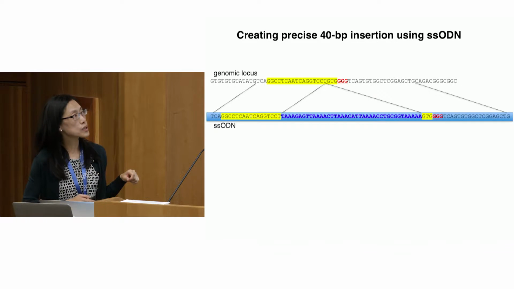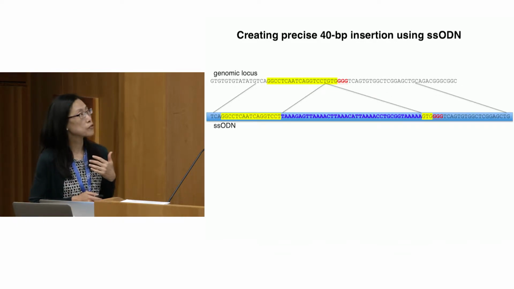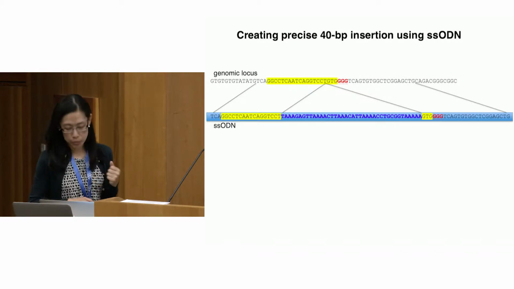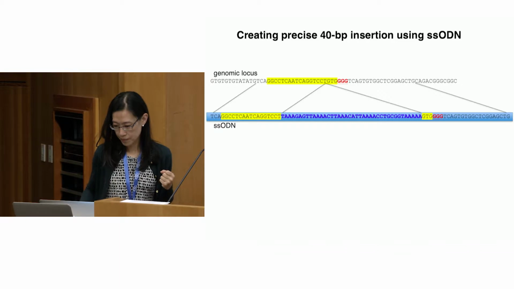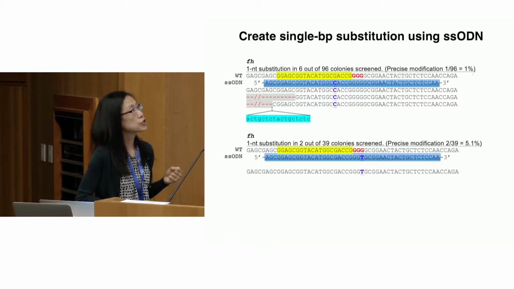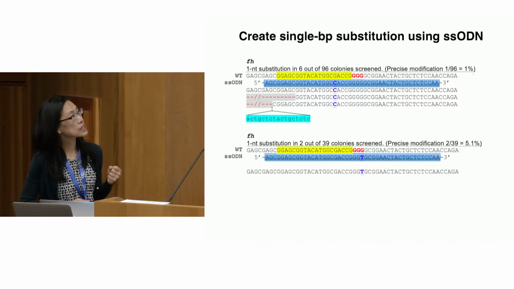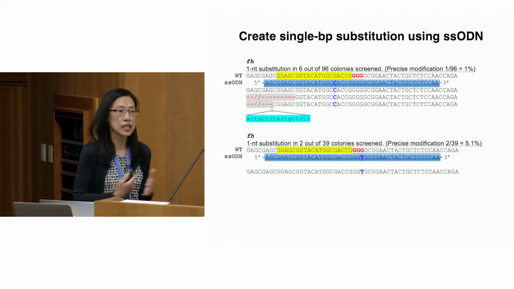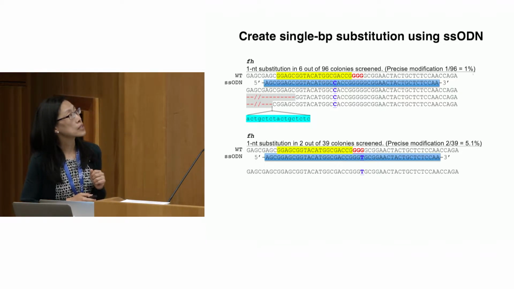And so normally we use around 25 nucleotides of homology arms for this approach. In addition, using the SSODN, you can also introduce single base pair substitutions, for example, if you're studying human mutations or SNPs. So this is a great strategy.